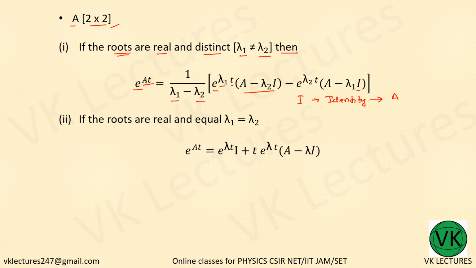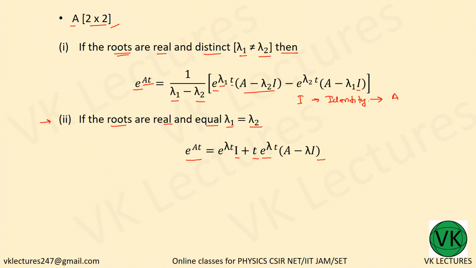For the second case, if the roots are real and equal, that means lambda 1 equal to lambda 2, then e to the power At equals e to the power lambda t times I plus t e to the power lambda t into (A minus lambda I).